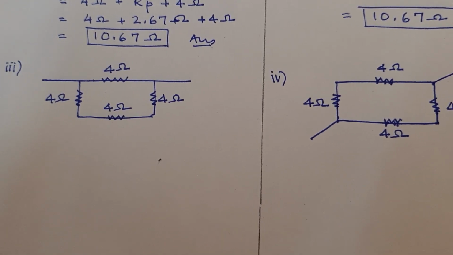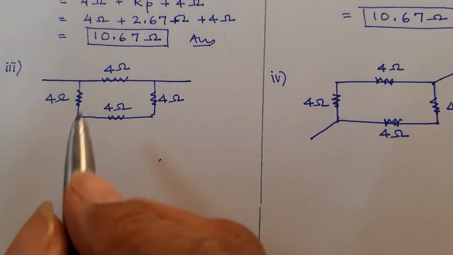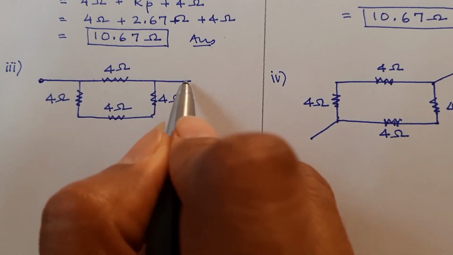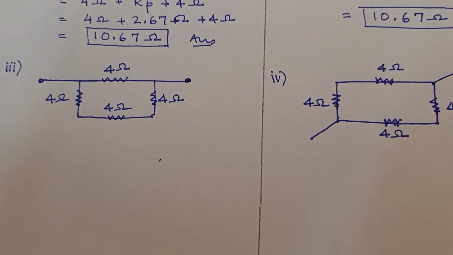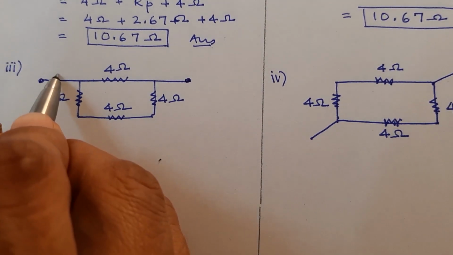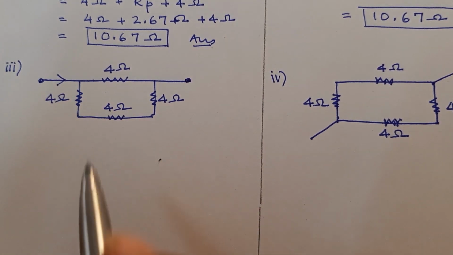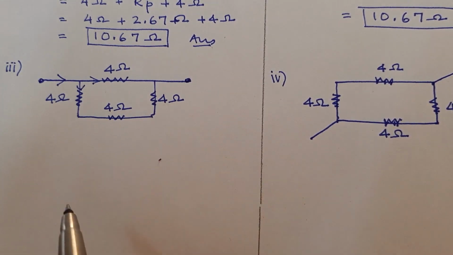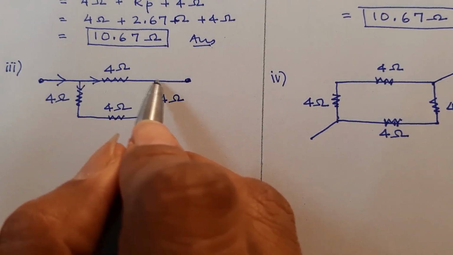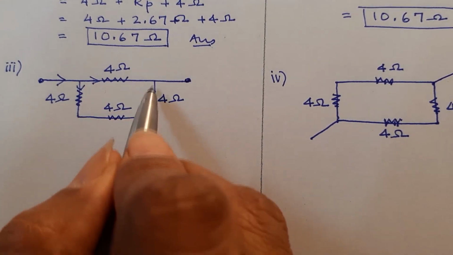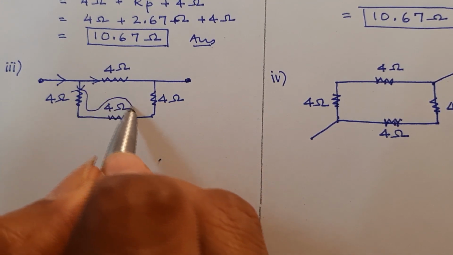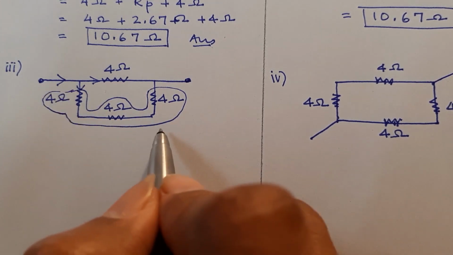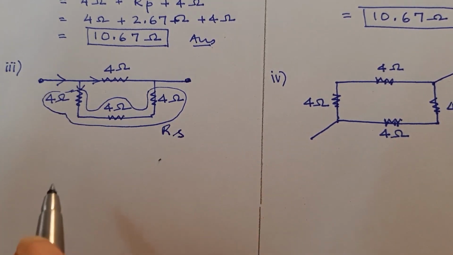Let us look at some more situations here. We have to find the equivalent resistance between this end and this end. And so we are going to have the current passing through here just to see how many paths there are for the current. This is one path and this is another path. So I will keep this together, and this is going to be my RS.